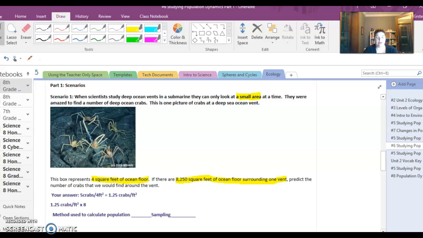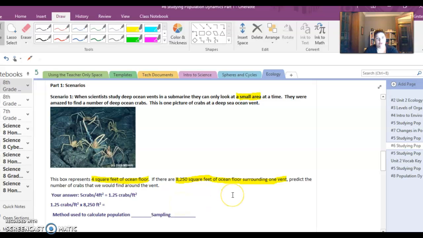And that would be 8,250 square feet. Now my feet squared is going to cancel out because I have crabs over feet squared here and then feet squared here, so the feet squared cancel out, and I'm left with a number of crabs.